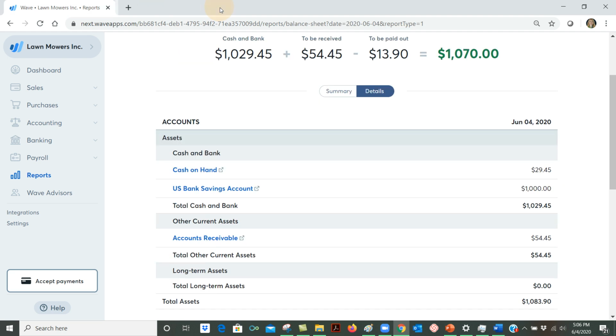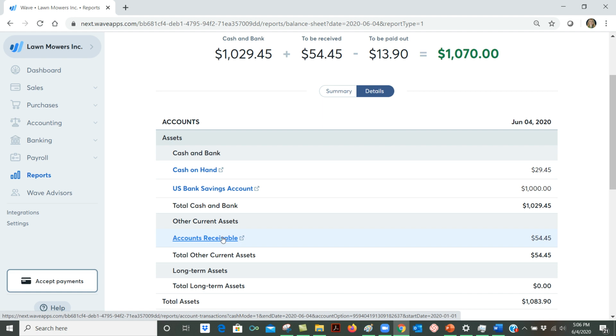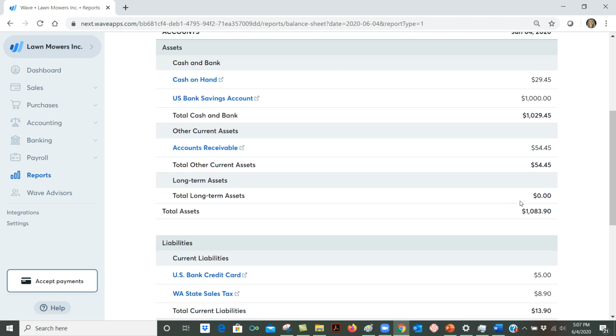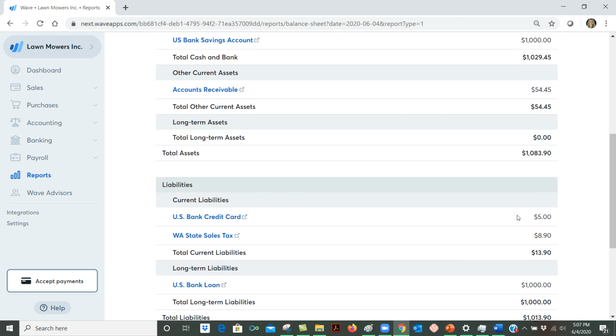Now I'm going to close this tab and go back to my balance sheet. I also see I still have the $1,000 in my savings account at the bank. My second customer still owes me $54.45, which includes the sales tax. So here's my accounts receivable, and here are my total assets.